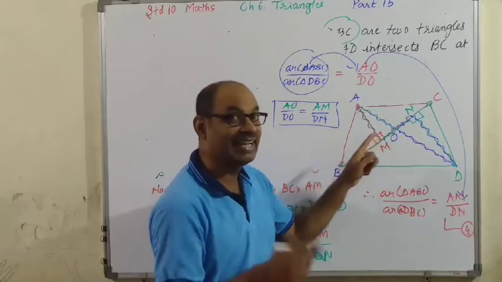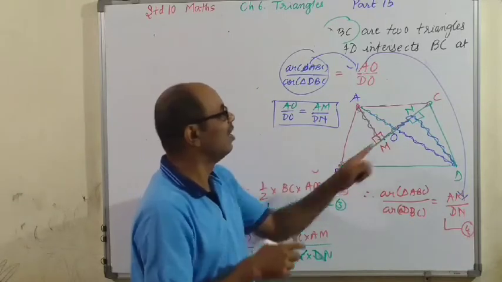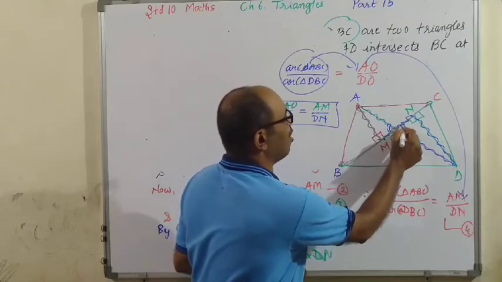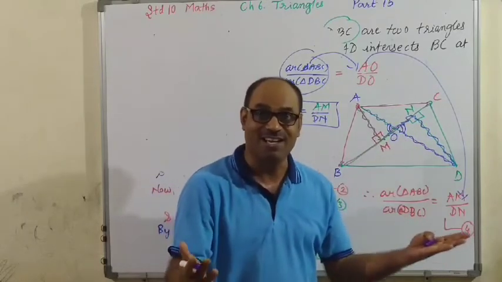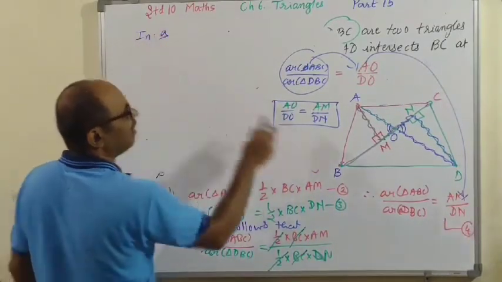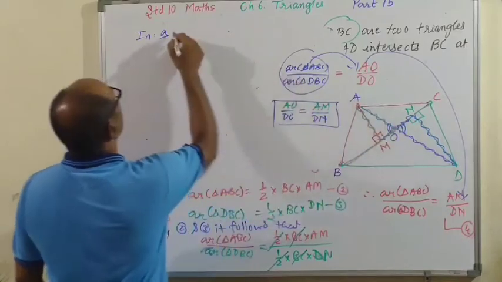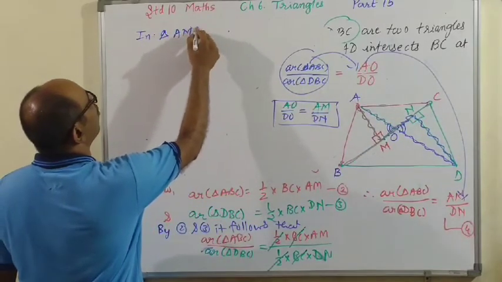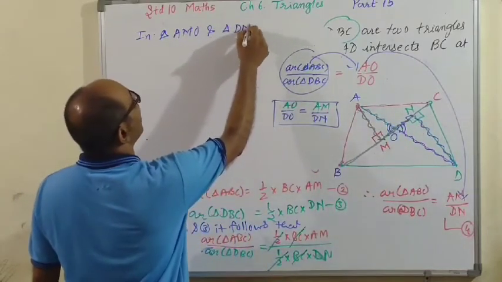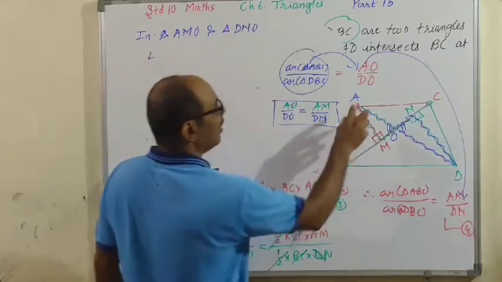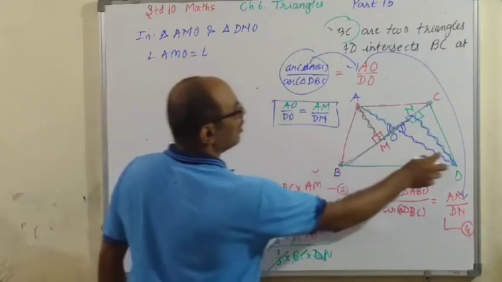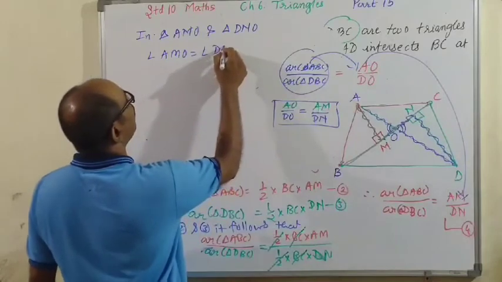Well, this is a right angle from result 1, perpendicular. This is a right angle, correct, and these are vertically opposite angles. So, a corollary, good. So I'm writing directly now. In triangle AMO and triangle DNO, angle AMO is equal to angle DNO.